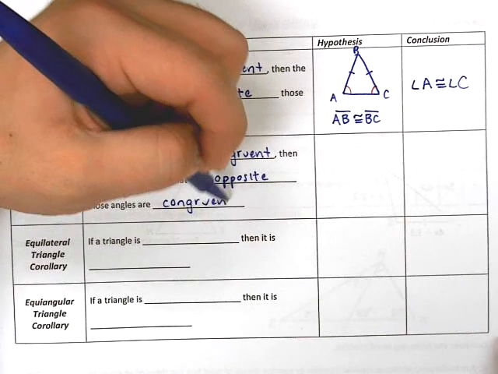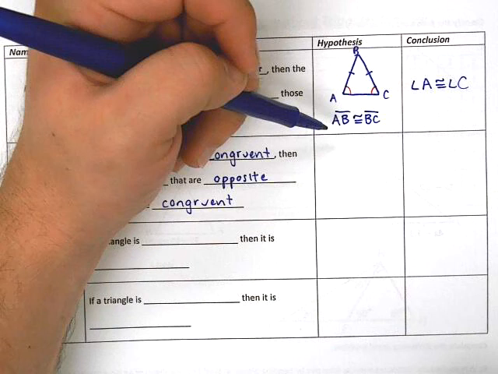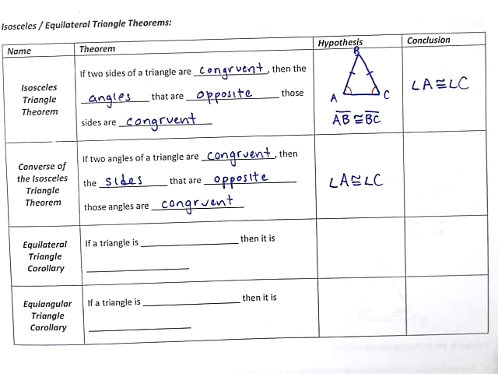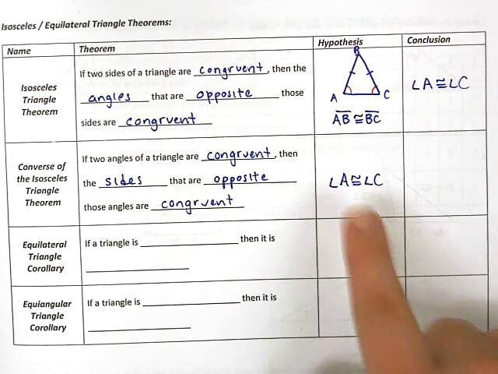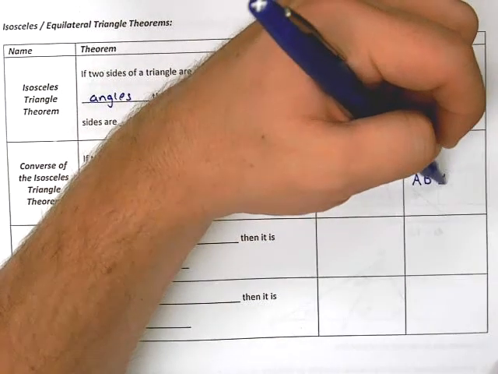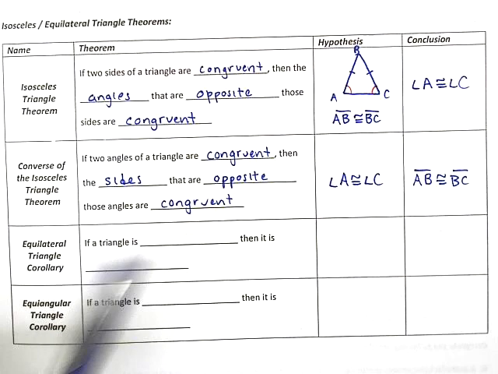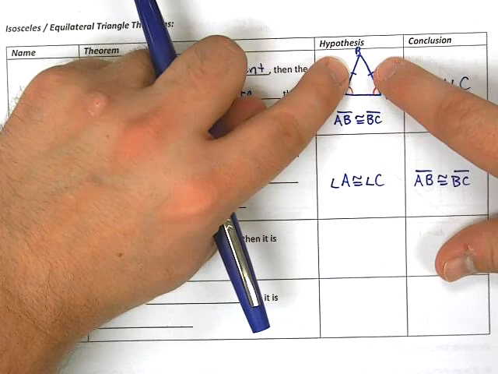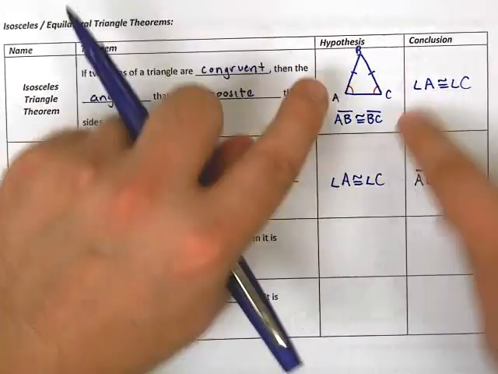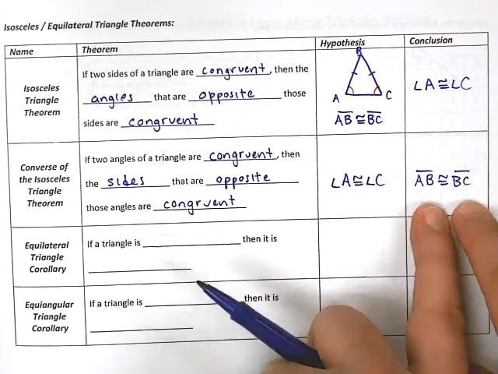So really, guys, I want you to use the same exact picture, but instead of saying AB is congruent to BC as our starting point, we're saying that A is congruent to C, and from that, we can go back and say now that AB is congruent to BC. So the only difference is what I'm giving you. In the first example, I'm telling you that the sides are congruent, so you're getting that the angles are congruent. In the second one, I'm giving you that the angles are congruent, and from that, you can get that the sides are congruent.